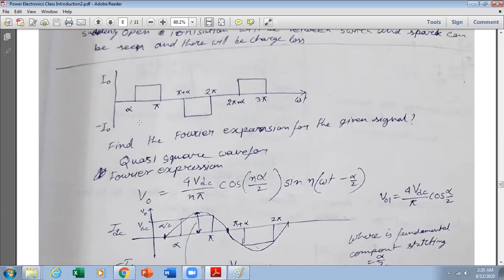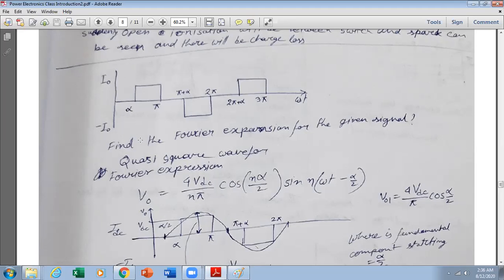So you have to see in this picture that it is a square wave shifted by some angle. You have to find the Fourier expansion of this signal.